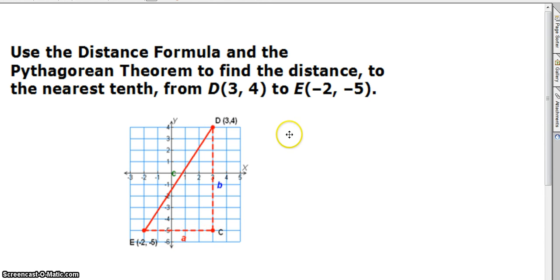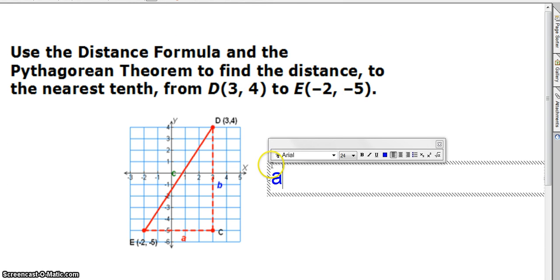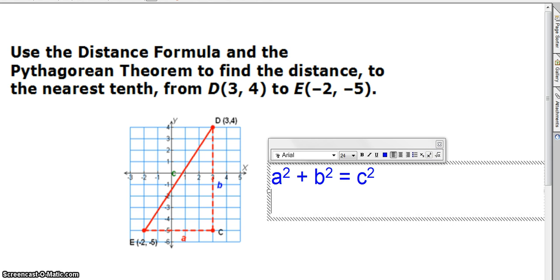So let's start with a squared plus b squared equals c squared. And so we'll say we have 5 squared plus, let's look at this distance b right here.